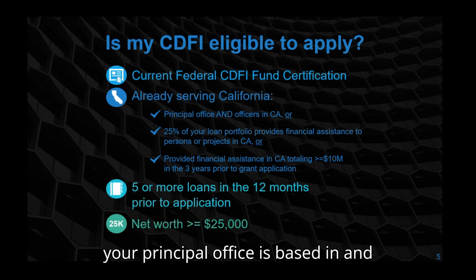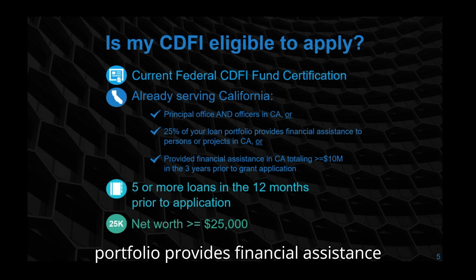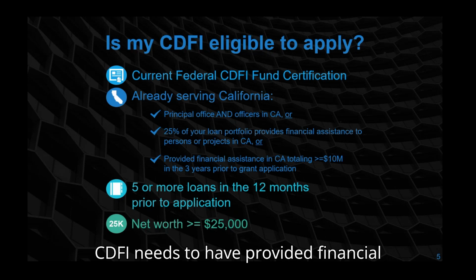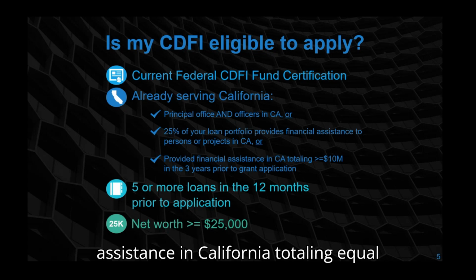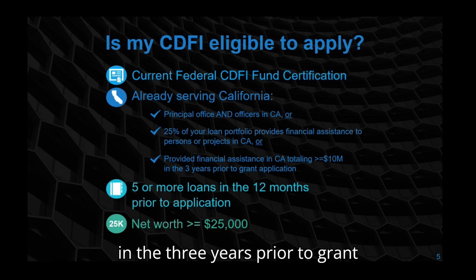Either your principal office is based in and your officers live in California, or 25% of your loan portfolio provides financial assistance to persons or projects in California, or your CDFI needs to have provided financial assistance in California totaling equal to or greater than $10 million in the 3 years prior to grant application.